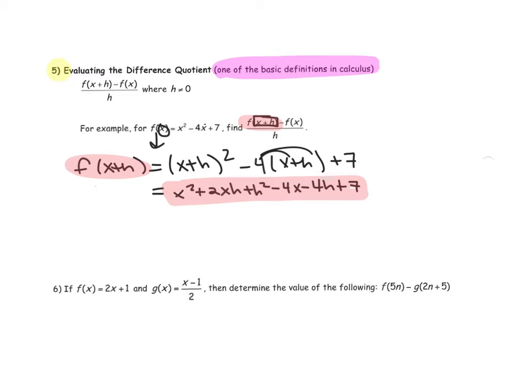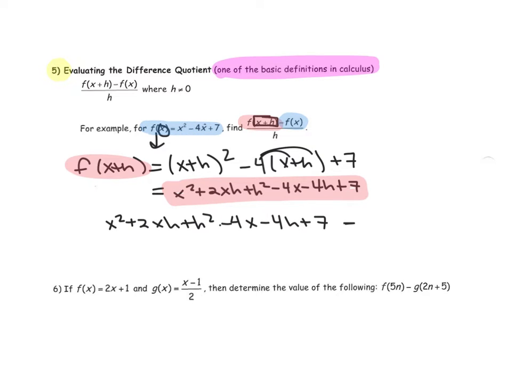So I'm just going to write, I have x squared plus 2xh plus h squared minus 4x minus 4h plus 7, and I'm going to subtract it with, now here is my f of x, and this whole thing is f of x.